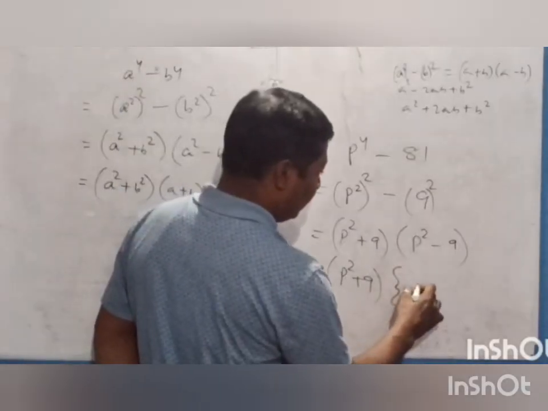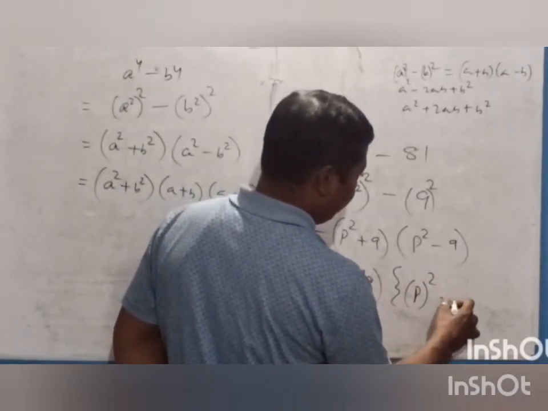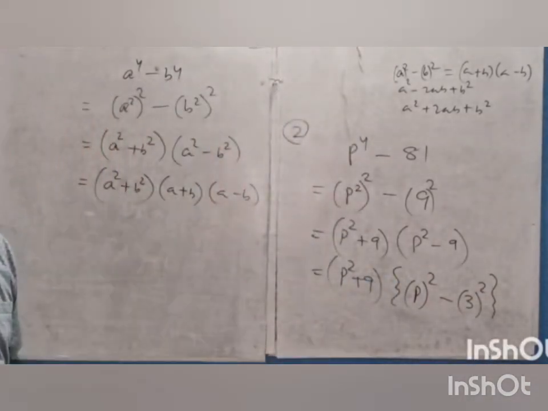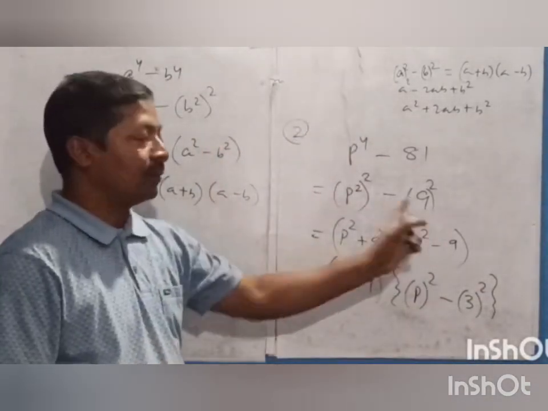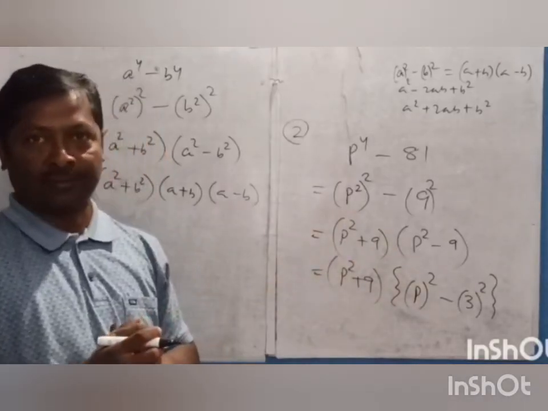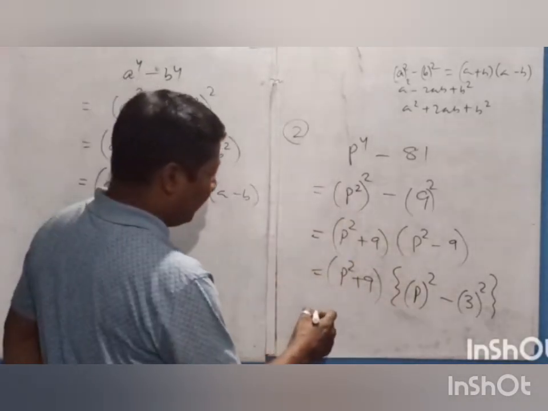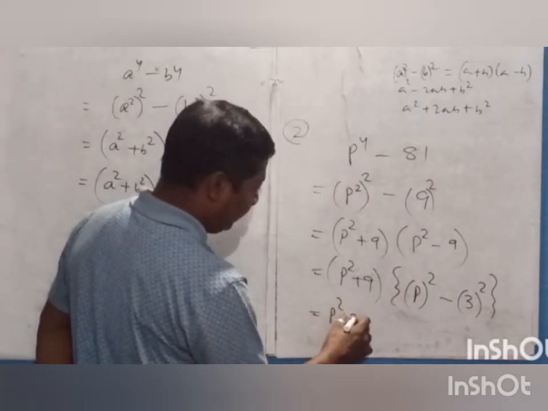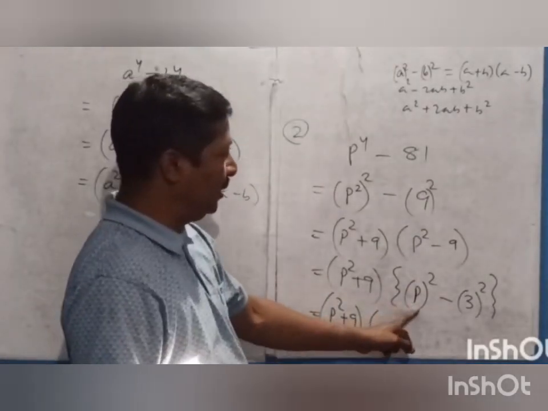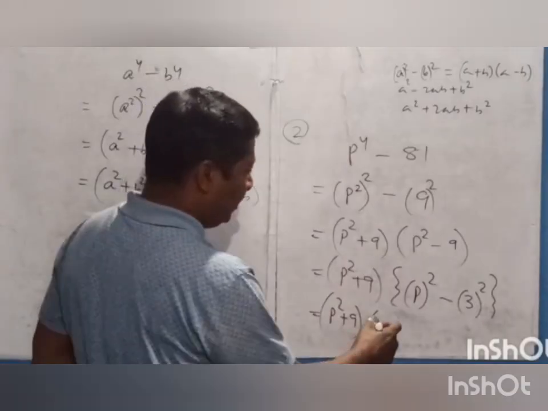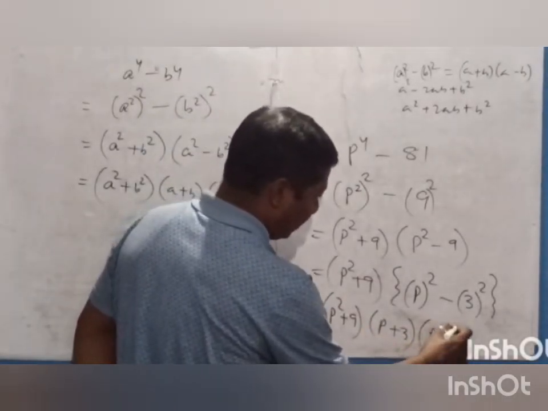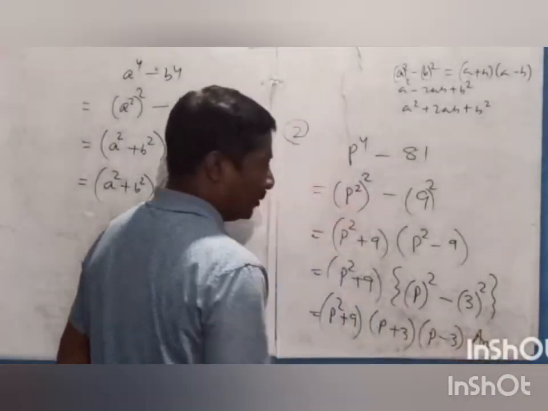So I will write p square minus 3 square. Okay. So we can't leave p square minus 9 as a factor because it can be converted into more smaller factors. So p square plus 9 into, now write down, this a is p and b is 3. So a plus b, a minus b. This is the answer. Okay.